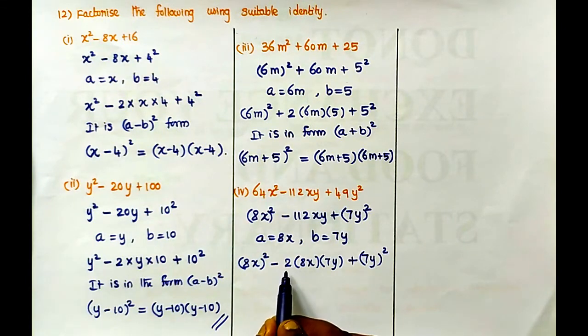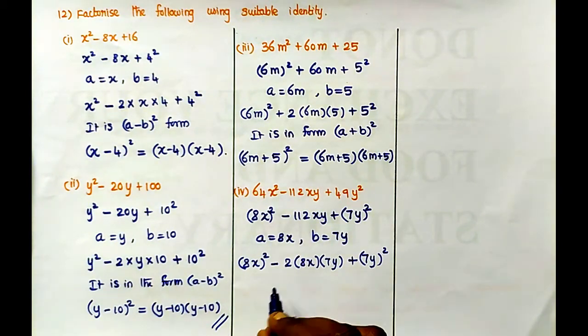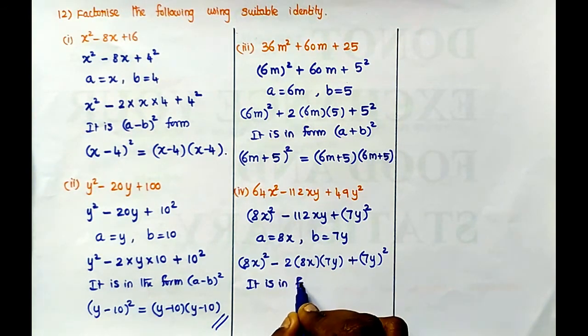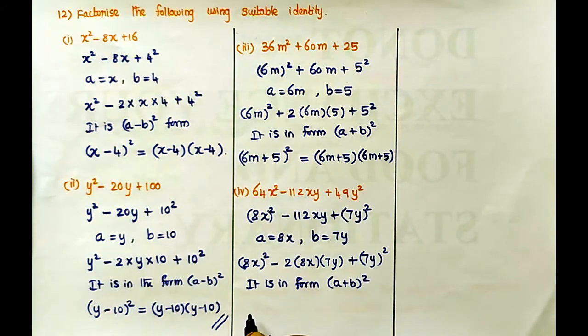Check that. 2 into 8, 16, 16 7s are 112. x into y, xy. Okay, now it is in the form (a minus b) whole square format.